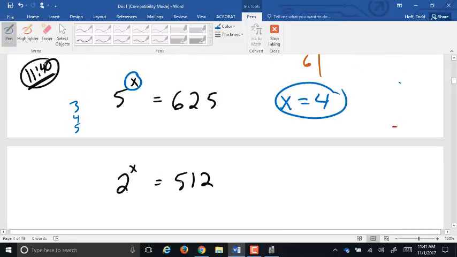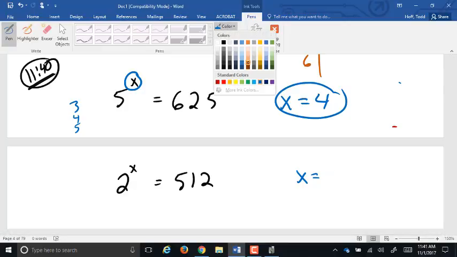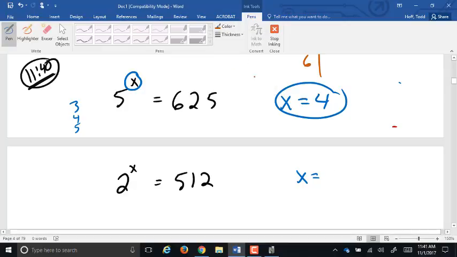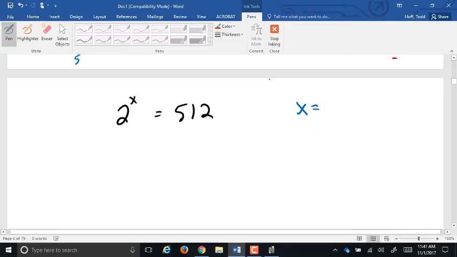So 2 to the x equals 512. So 2 to what power is 512? Now remember when we did the examples, this is the reason I did some of the homework from the M5. I didn't necessarily start out at 1 and work my way up. I made my table, but I might have started out at like 3 just to see.